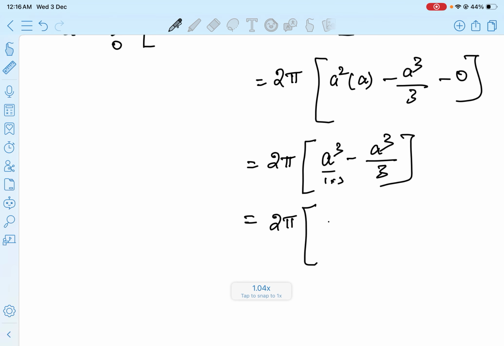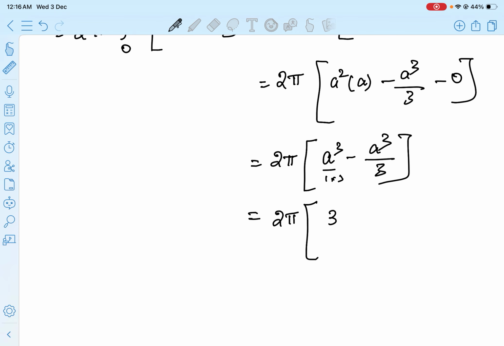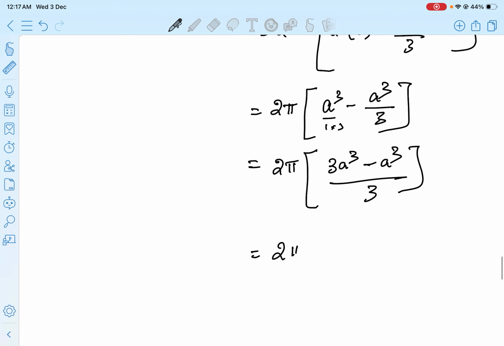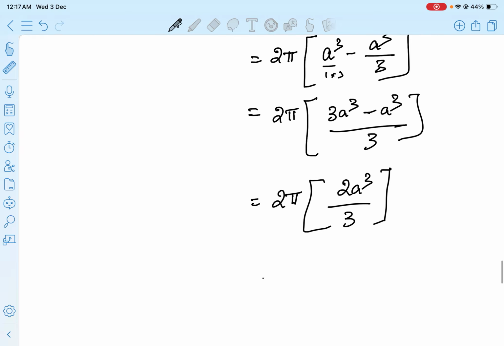So 3a cube minus a cube by 3. 2 pi, 2a cube by 3, equal to 4 pi a cube by 3. It's a volume, so cubic units. That's all.